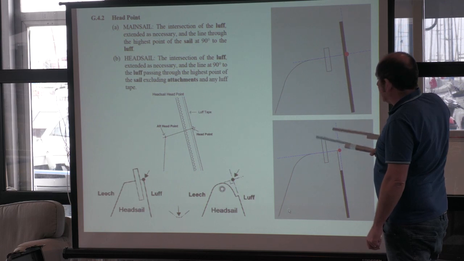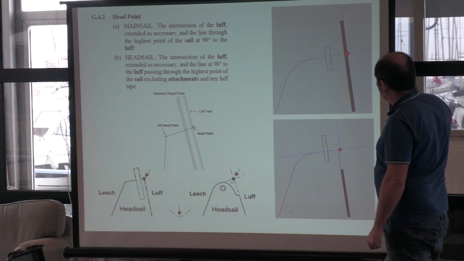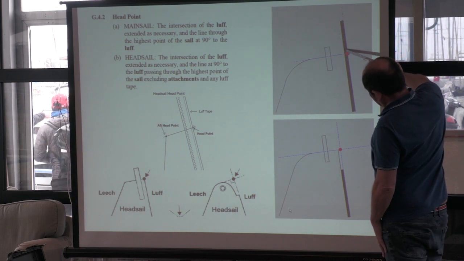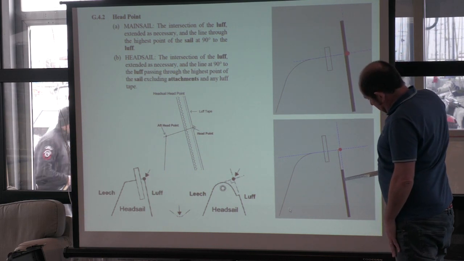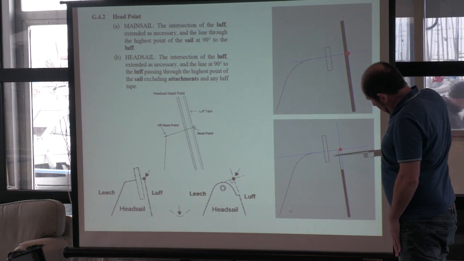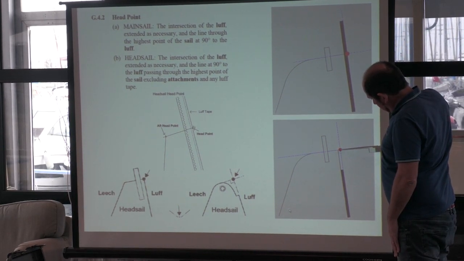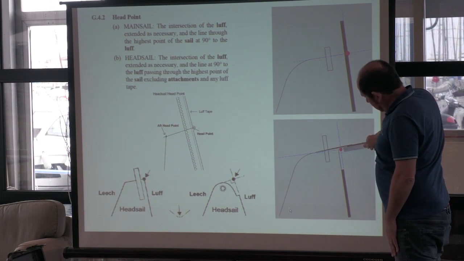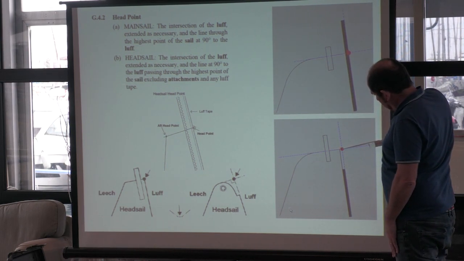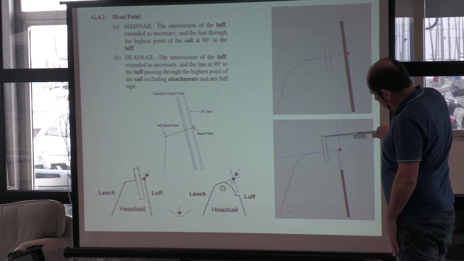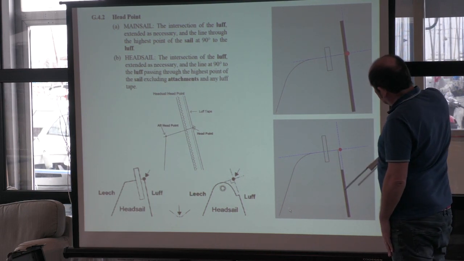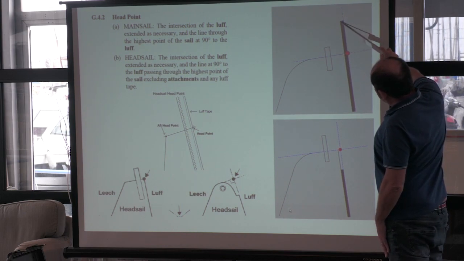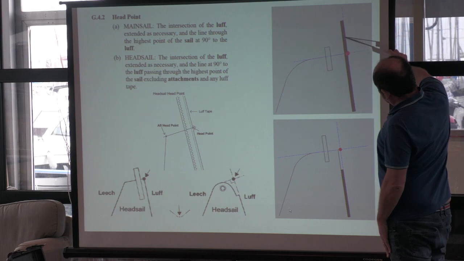And there are other drawings showing you that. This black part is the luff tape. In that case, no problem because the luff tape is below the reference point. So we take the highest part of the sail, the 90-degree point with the luff, excluding the attachment. And here we exclude the attachment, of course, and we exclude as well the luff tape.